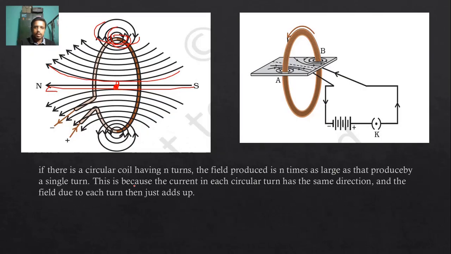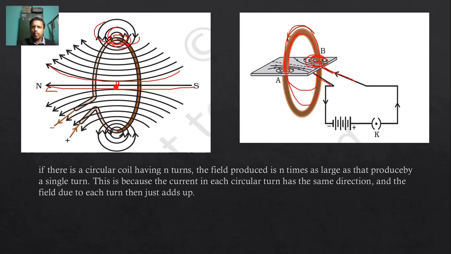This is the circuit diagram. This is the circular loop. This side is connected to the positive side, and this is the negative side. On the positive side, you can see that there is an anti-clockwise movement of circles around the wire.